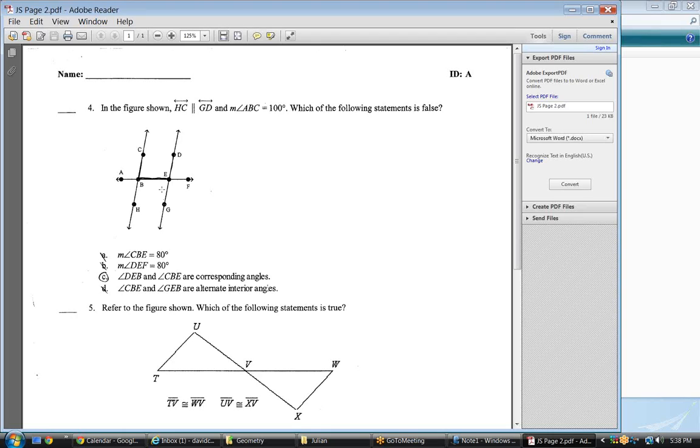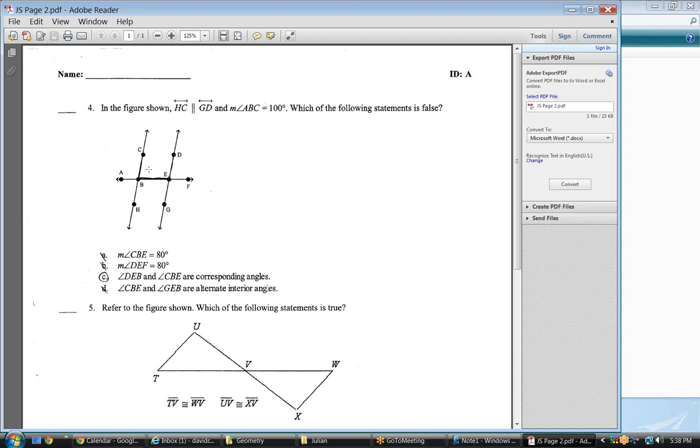Are they not? Am I missing something? In other words, CBE is this angle right here. It's an acute angle. Yeah, they are alternate interior. So D is correct because they are alternate interior angles.